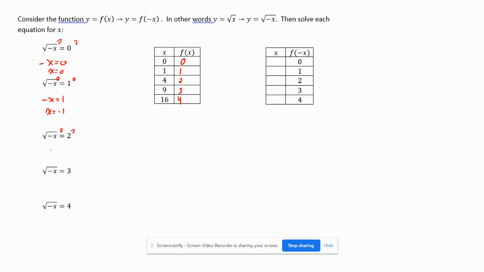If I square both sides here, and if I just keep following this pattern, you see they're the exact same numbers, except they're all going to be negative numbers instead of positive numbers. So on my f of negative x, which is y equals square root of negative x, I have the same values over here, except they're all negative. Okay?